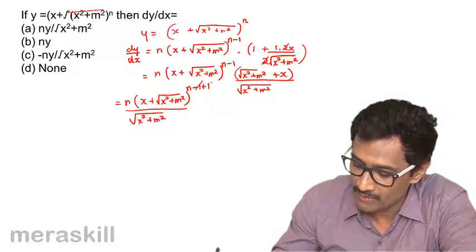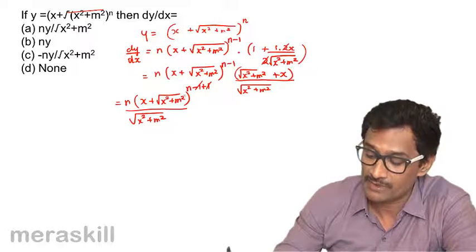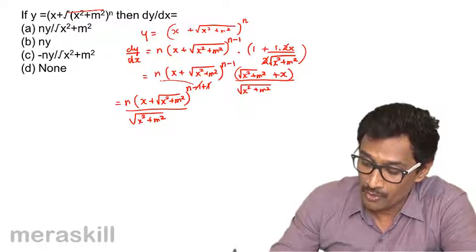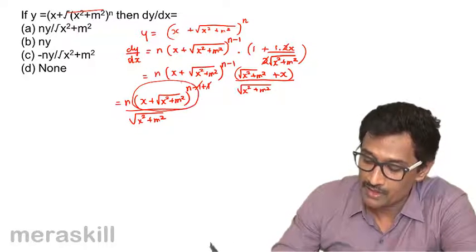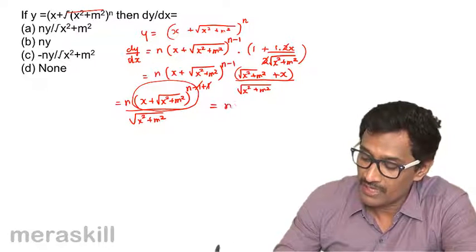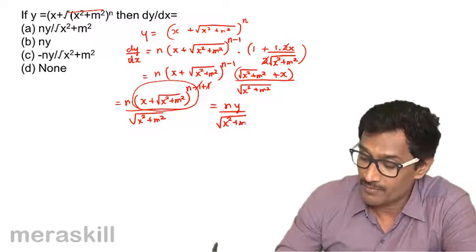Now n minus 1 plus 1 is n. Now this alone is nothing but y, so it's eventually ny upon root x square plus m square.